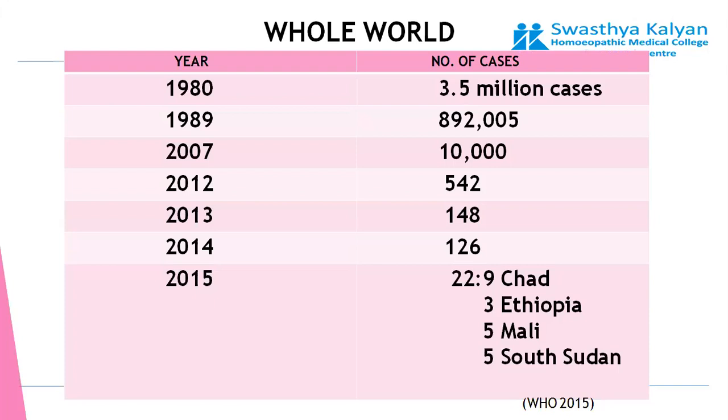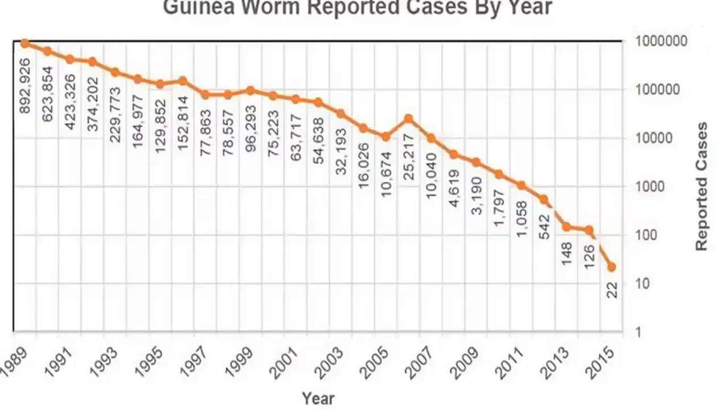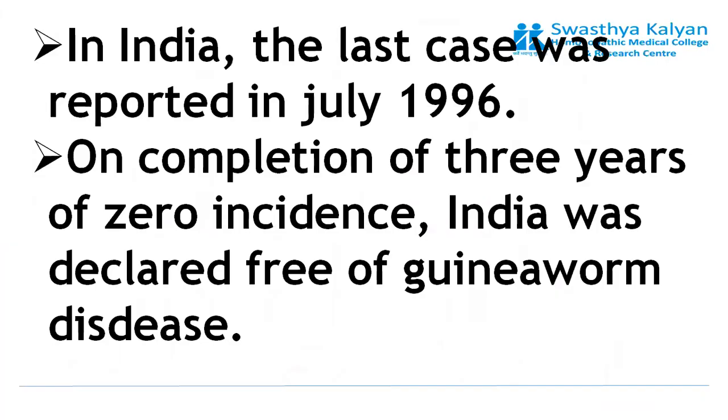The numbers speak for themselves. In 1980, we had around 3.5 million cases, but in 2015, the cases dropped to only a two-figure number. Here is one more graph showing how the number of cases has declined. In India, we have already eradicated the disease. So, unfortunately or fortunately, we might not be able to see such cases in India.